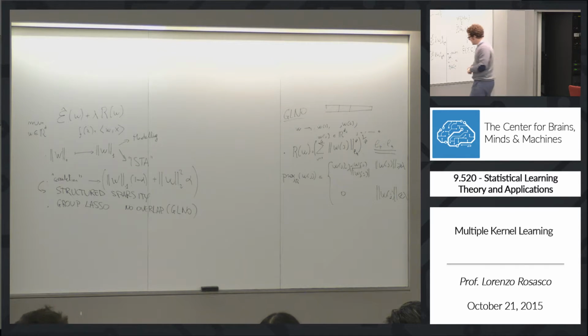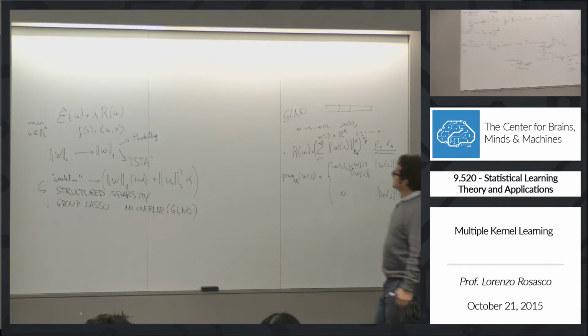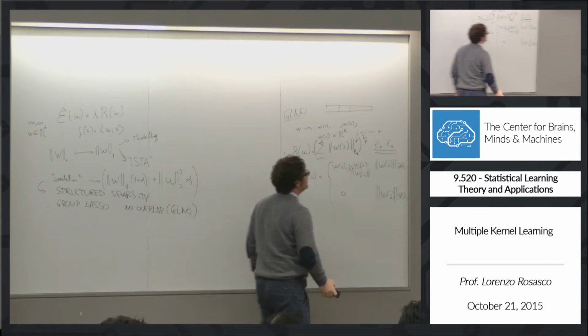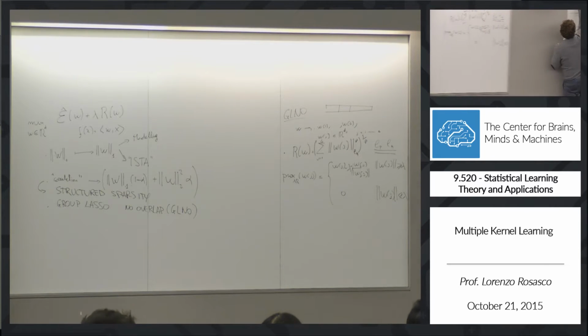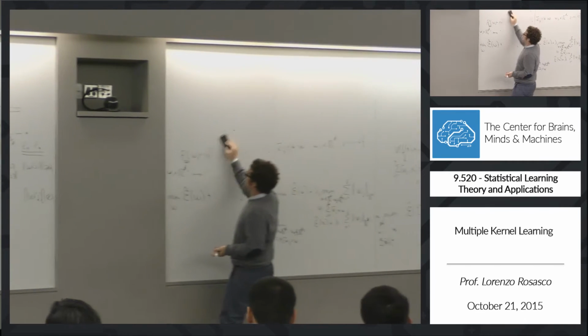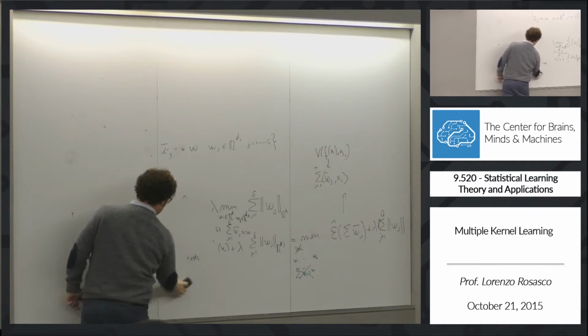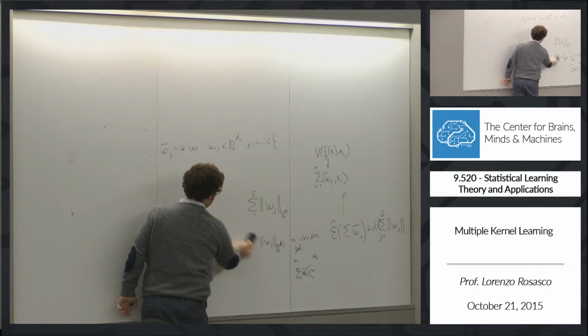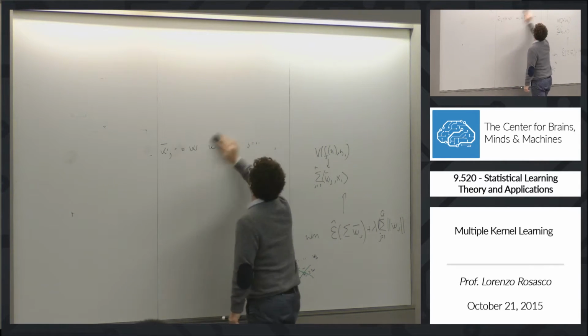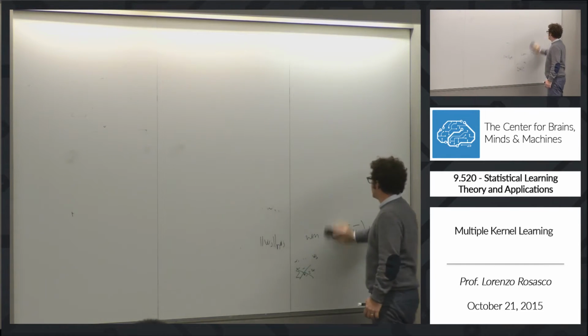Okay? So basically what I want to do is view what I call the disintegration of a vector into its parts as a sequence of feature maps applied on the vector. Okay? And then from feature maps, I'm going to define some kernels, and then I'm going to bridge.